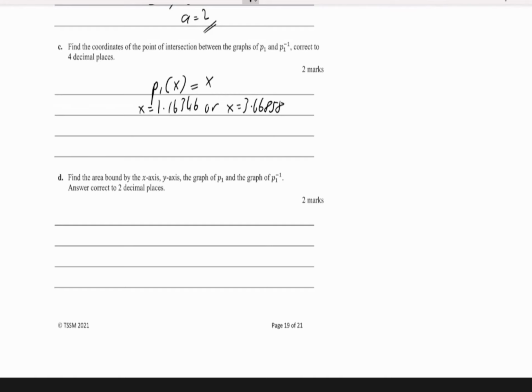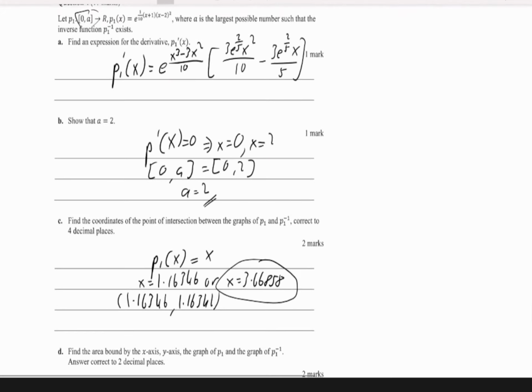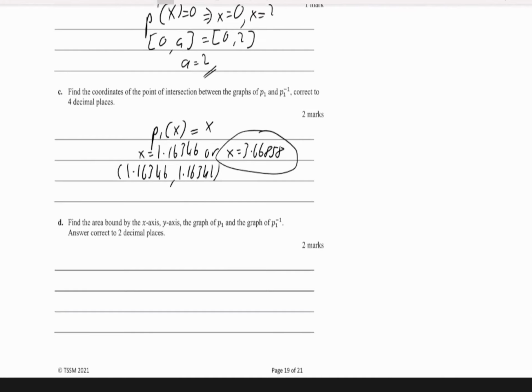That means your point of intersection is going to be 1.16346, 1.16346, because it's on the line y equals x. The reason I didn't include the other value here is because a is between 0 and 2. But I wrote this down because it's going to be important for a future part of the question.